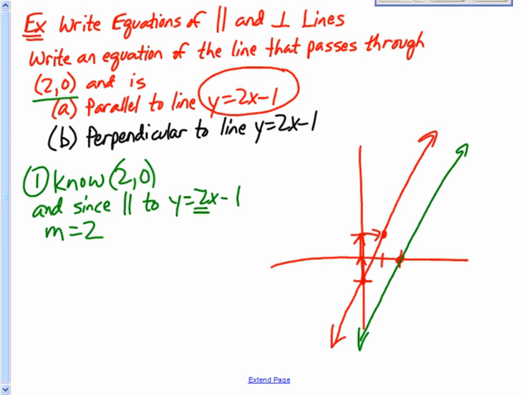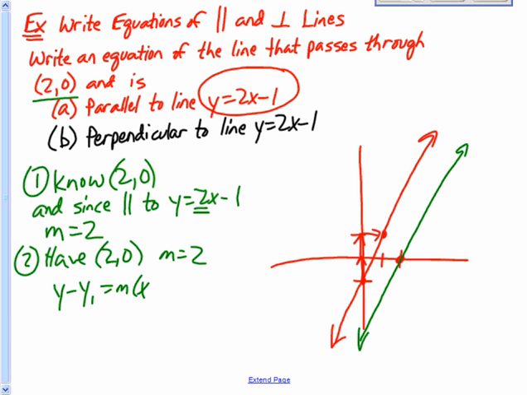My slope is 2 as well for this line. Now I have a point and a slope, so I'm going to use the point-slope formula.